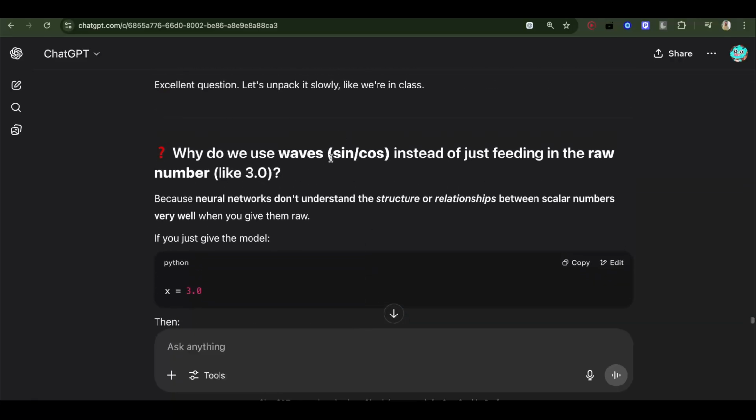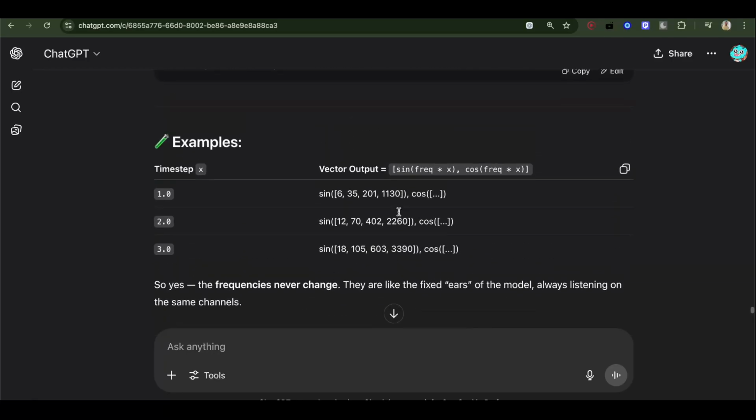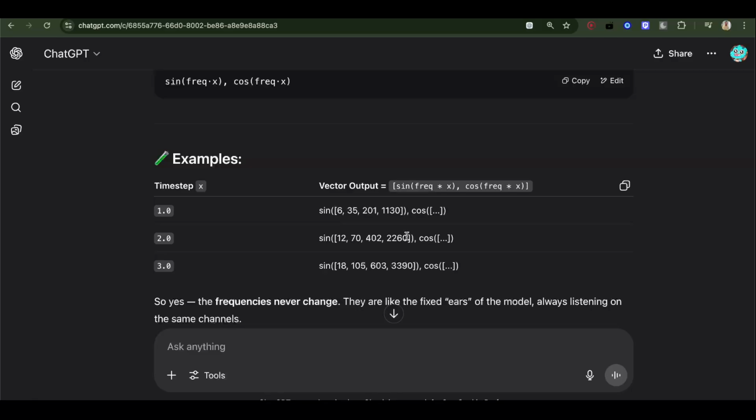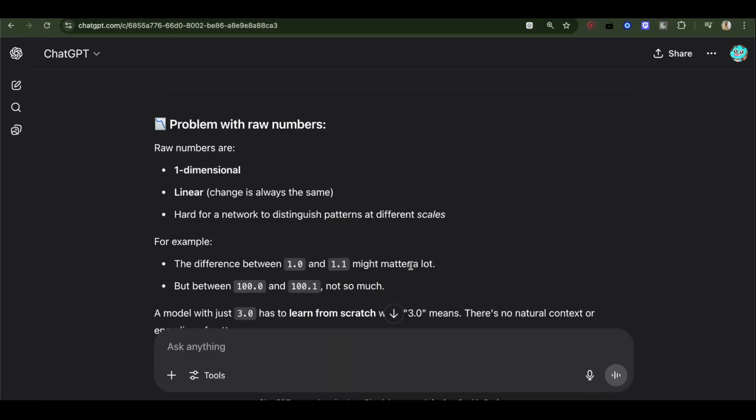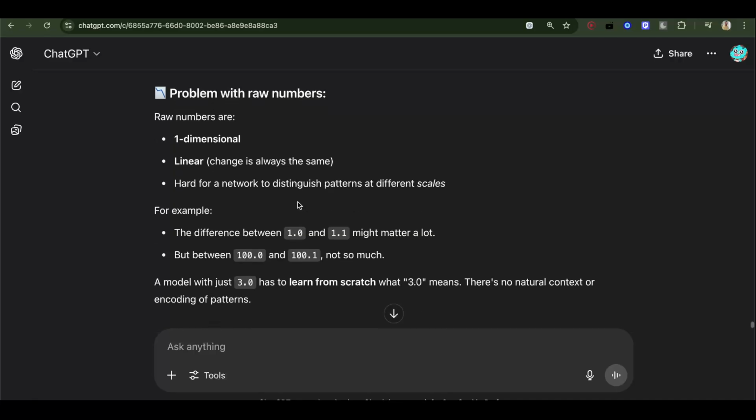So I'm guessing the sine cosine kind of has more information, more points to compare, so maybe it will learn better, easier, faster. And this is important for these raw numbers. It's hard for a network to distinguish patterns at different scales. For example, the difference between 1 and 1.1 might matter a lot, but between 100 and 100.1, not so much.